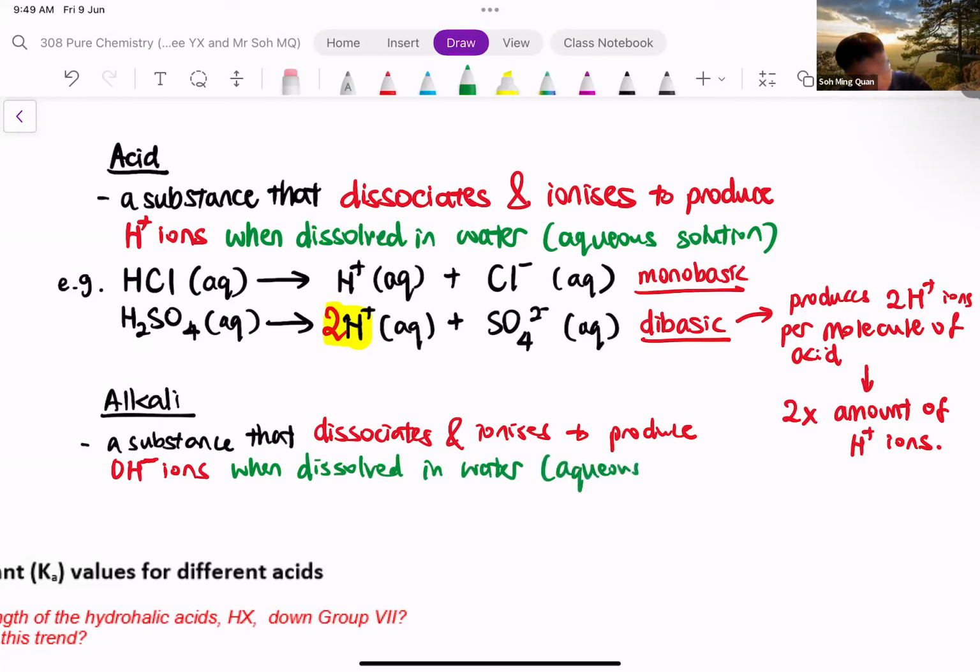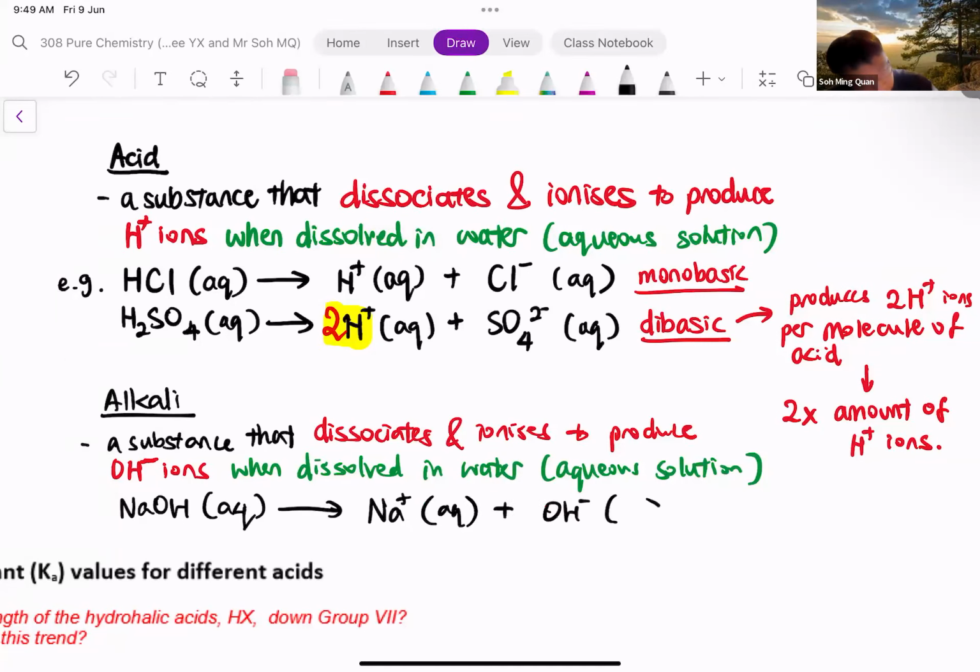So this is an alkali. The most typical alkali you have learned is, of course, NaOH. Now you have learned the definitions for acids and alkalis. Acids are defined in terms of H+ ions, alkalis in terms of OH- ions.